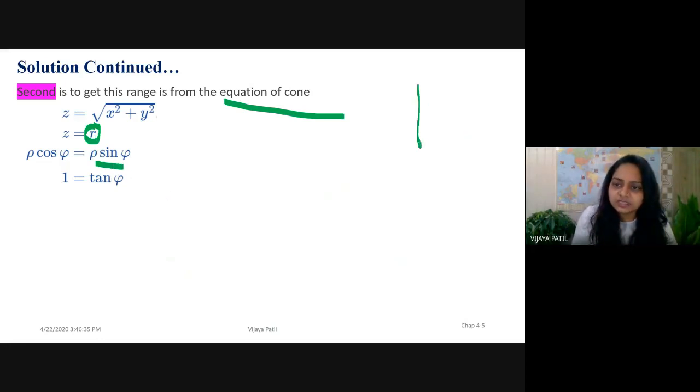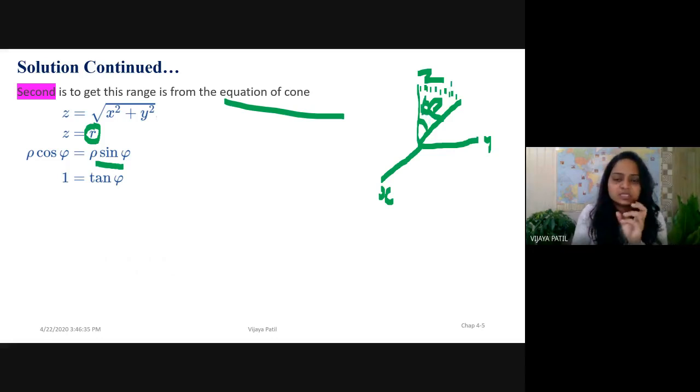If you observe here, this is the z axis, y axis, and x axis, and suppose this is a point P in space, with a line joining it to the origin; that is rho. If I put a perpendicular from this point to the z axis, with phi as the angle here, as we already discussed in the previous lecture on spherical polar coordinates, this perpendicular from the point P is known as rho sine phi.